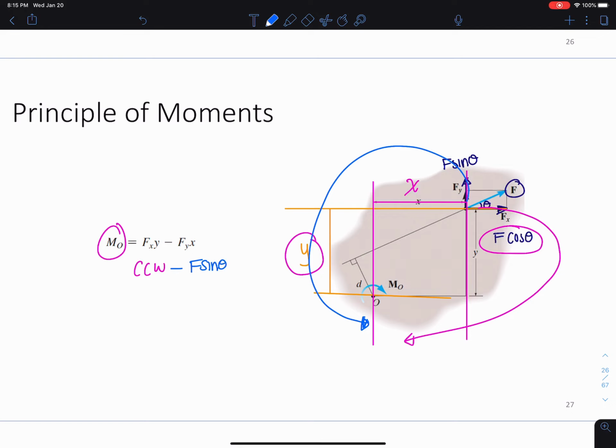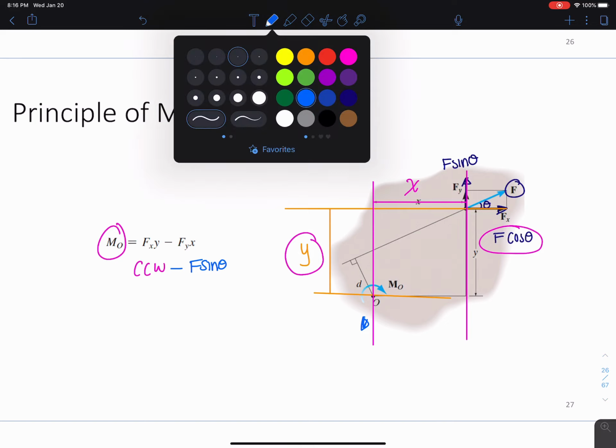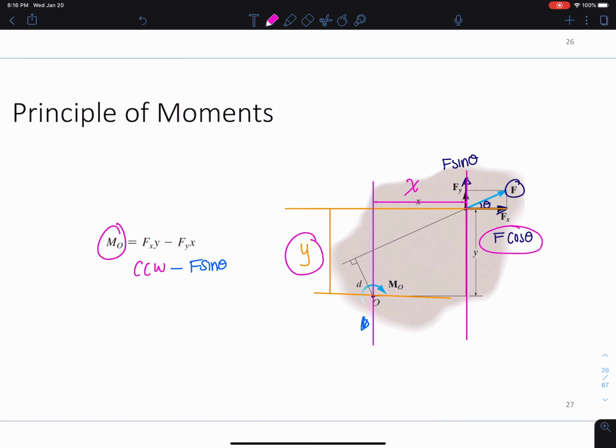Okay, so this is how, actually, wait, let me see, I think I drew these wrong. This one, my Fx would be clockwise. This should be negative. This is if I'm doing counterclockwise, positive. And then this would be positive, actually. There we go.